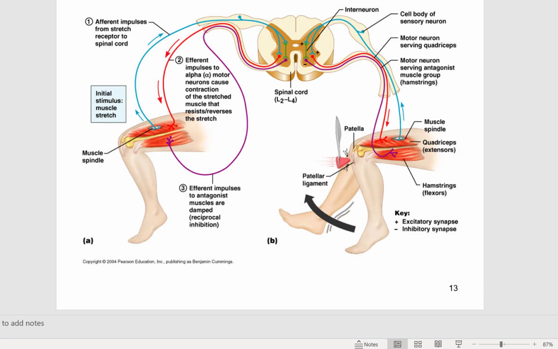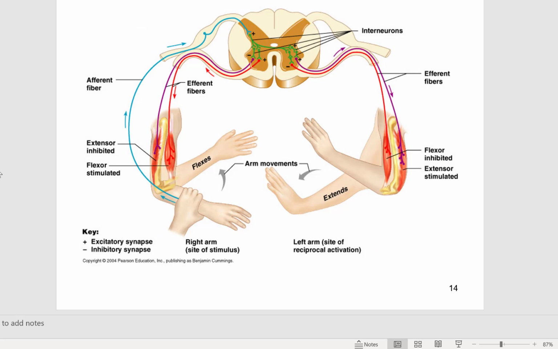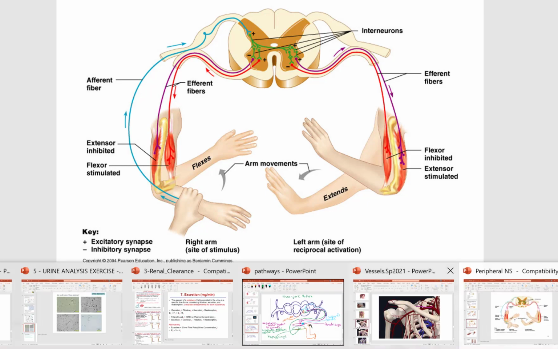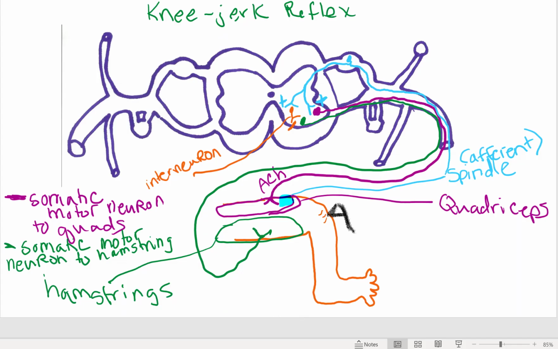On slide 14, there is the withdrawal reflex arc. I'm just going to copy that slide real quickly and bring it into our pathways picture.